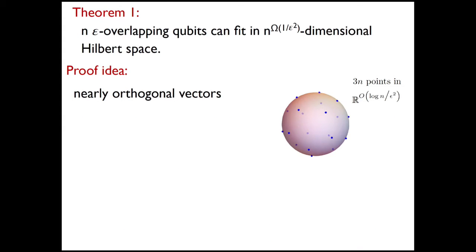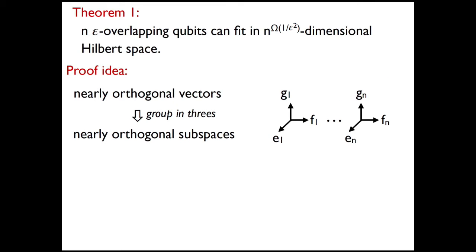Okay, so here we give a proof sketch of our first result. We start by packing 3n nearly orthogonal vectors into a log n dimensional space using the Johnson-Lindenstrauss lemma, and we group them into threes to obtain n nearly orthogonal subspaces.